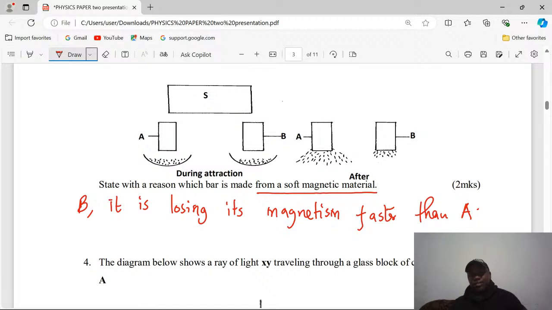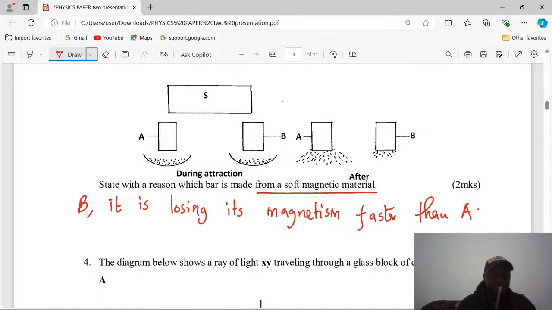Check this alternative question. If we had been asked the same, but with the permanent magnet still in place, then we would have said that A is a soft magnetic material because we can see during magnetisation it is gaining magnetism very fast.